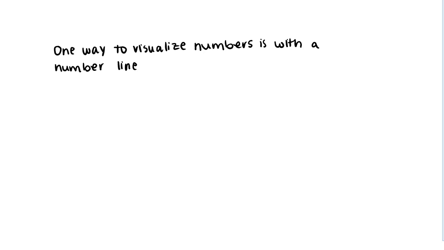So one way we can visualize numbers is with a number line. And this will help us make sense and understand how negative numbers work. So a number line is just the line that we use to arrange all of the numbers.